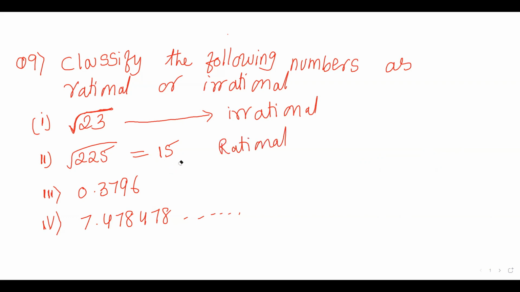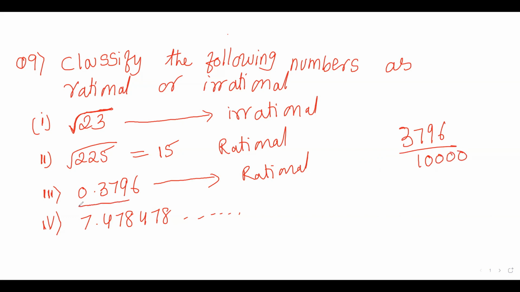The next one is a terminating decimal. All terminating decimals are rational. Why? Because these terminating decimals can be expressed in P by Q form.